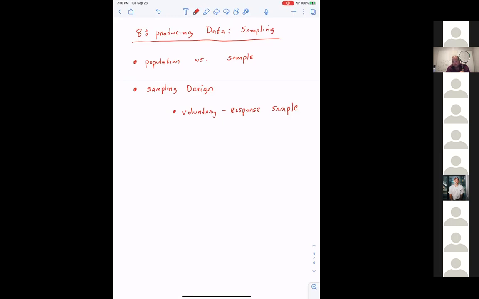However they choose to ask and construct their sample, that's their sampling design. It's called systematic sampling. If I say I'm going to ask every fifth person, that's systematic. I have a process, an algorithm, very systematic.